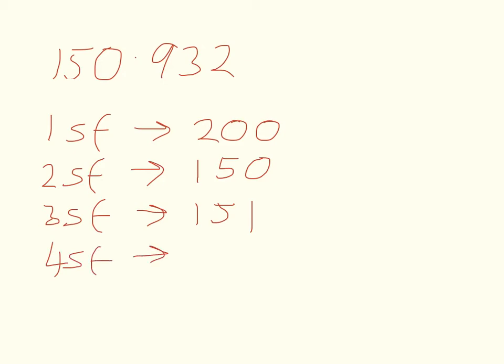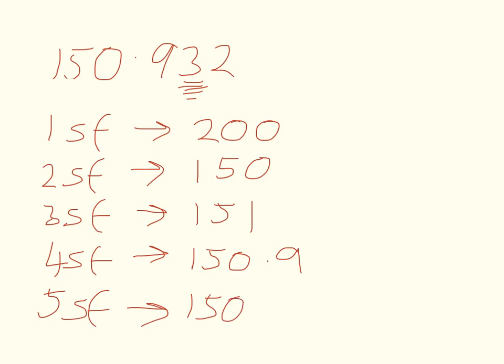Is it closer to 150.1, 150.2, 150.3, 150.4, and so on? It is closest to 150.9. Last one, and I'm going to give up. Five significant figures. That's this one. And it is closest to 150.93. It's not closer to 150.94. It's not closer to 150.92. Okay.